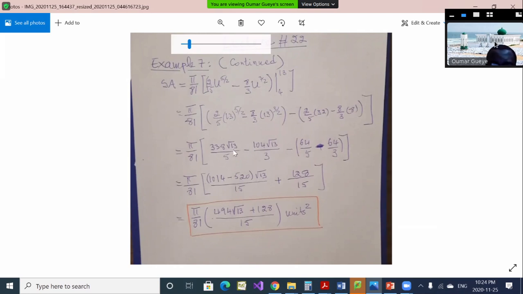So now I'm going to calculate the common denominator. So I multiply this 3 by 338 root 13, it becomes 1014. And 5 times 104 is going to be 520. And the common denominator now is 15. And from the second bracket, when you calculate it, you'll get just 128 over 15.